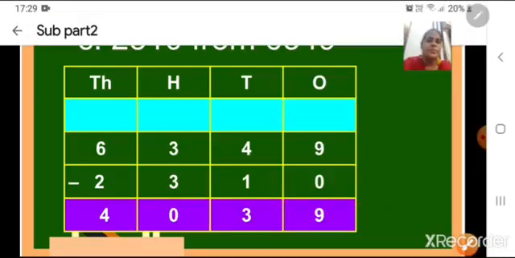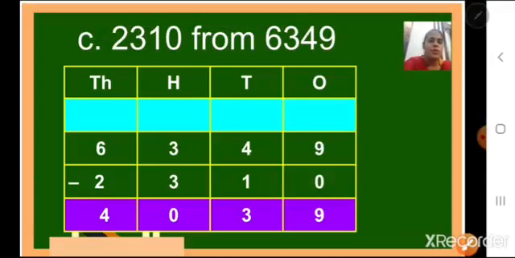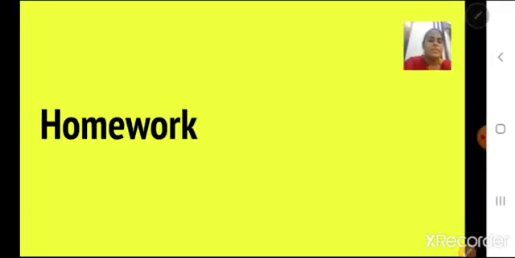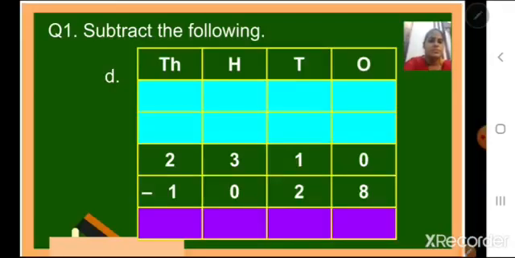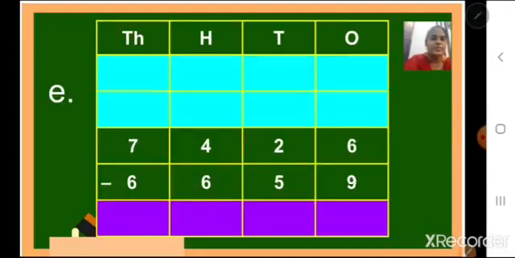After this, children, we have a few sums for homework. Please note it down. It is from question number 1. Subtract the following. D sum: 2310 minus 1028.